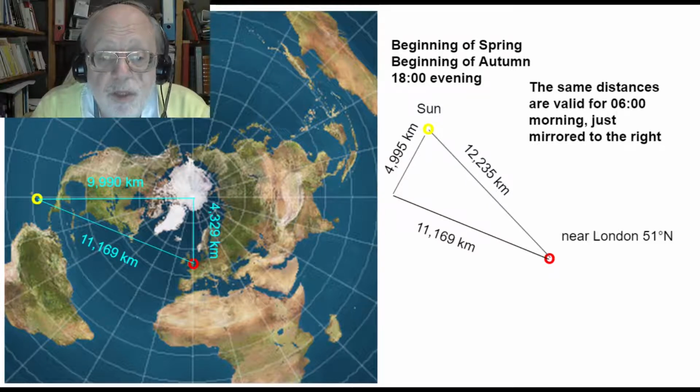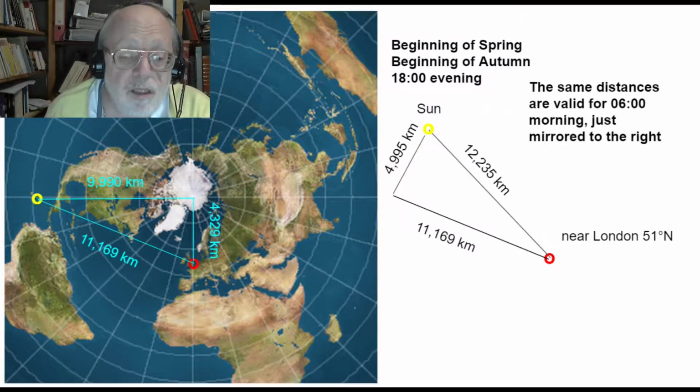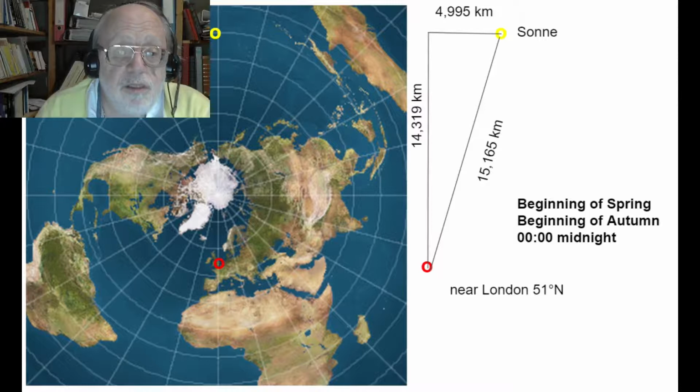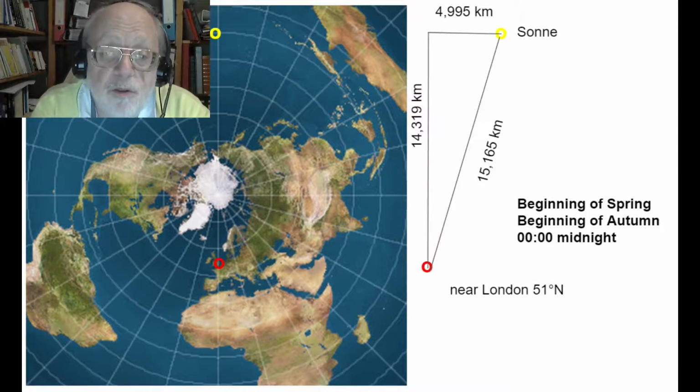The distance from the observer in London to the Sun, that is 4,995 kilometers above these coordinates, is about 12,235 kilometers. So the observer in London sees the Sun at the so-called sunrise or sunset at a distance of 12,235 kilometers.